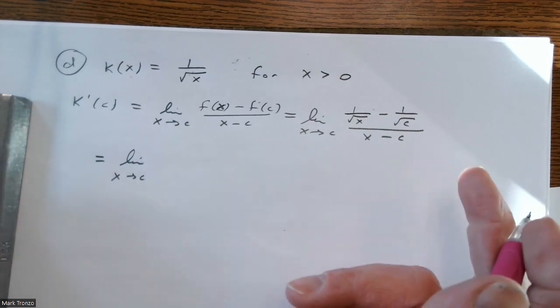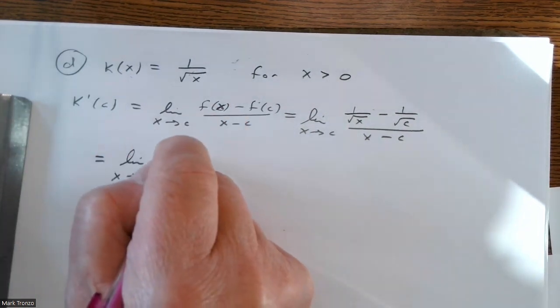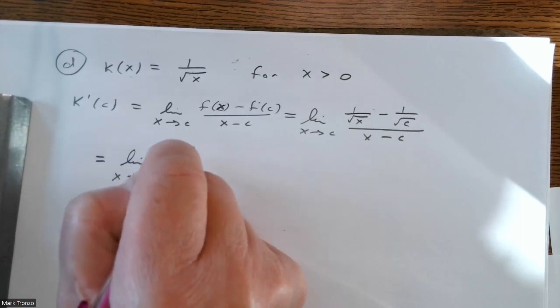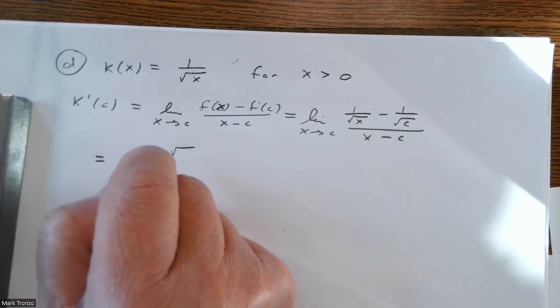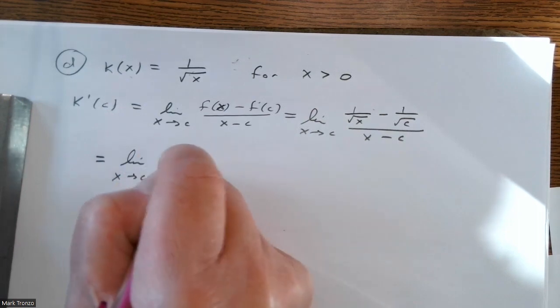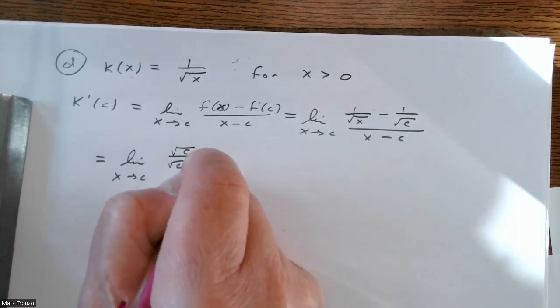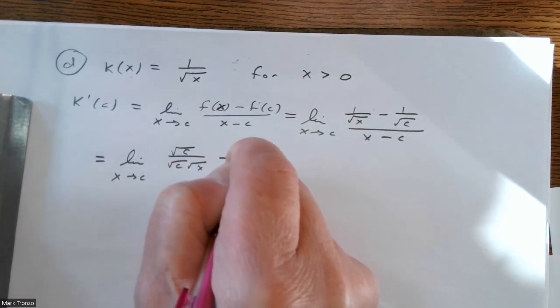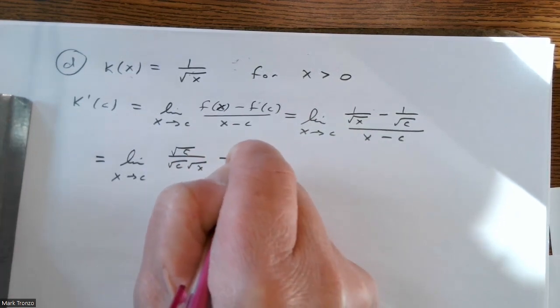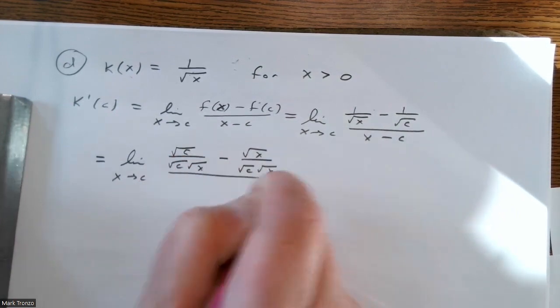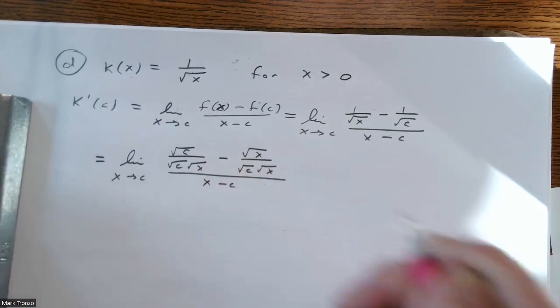Or we could factor. Let me do this, it's probably going to be the most obvious way. If we do a common denominator in the top, we'll do square root of x or square root of c like this, minus square root of x, square root of c, square root of x over x minus c.